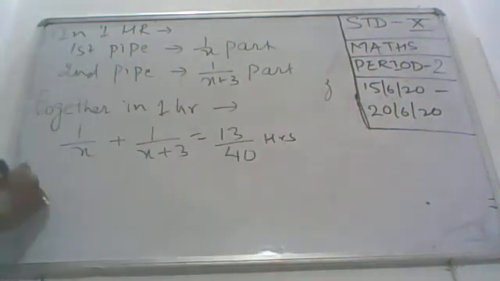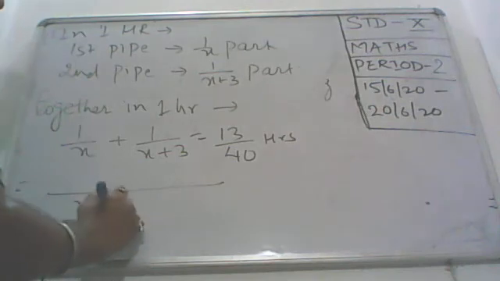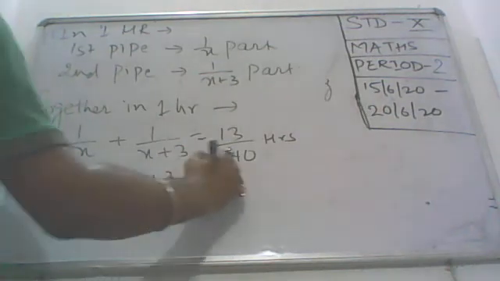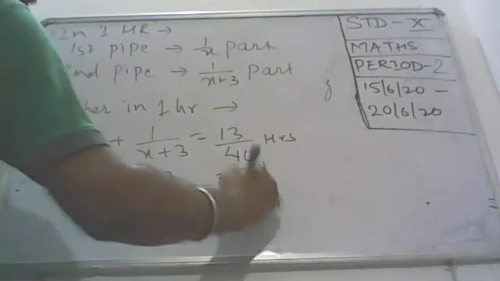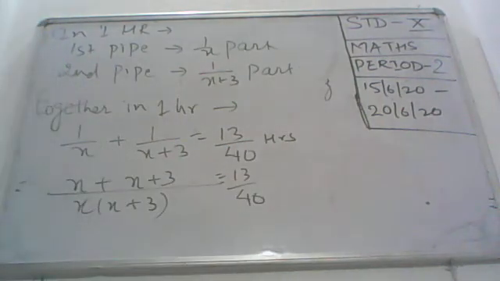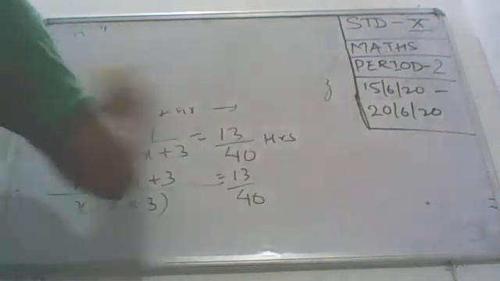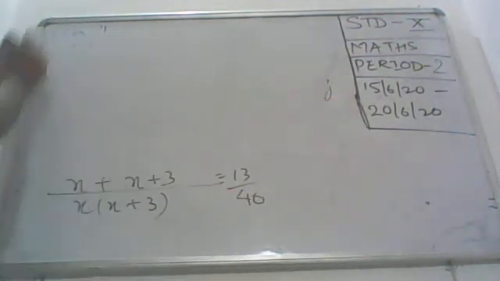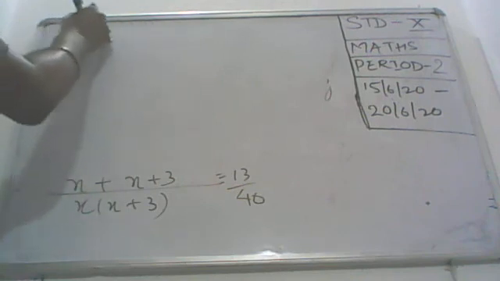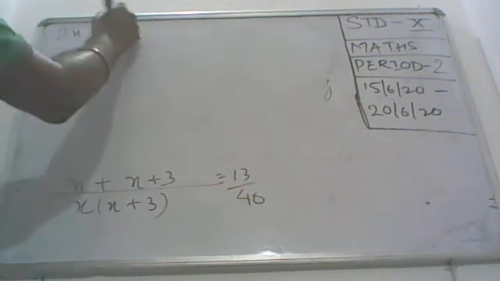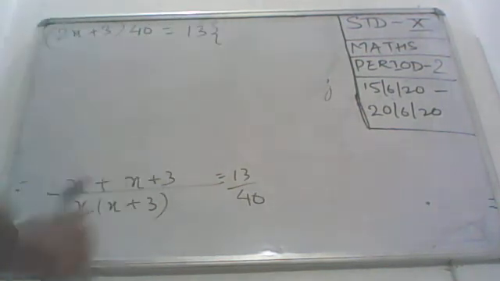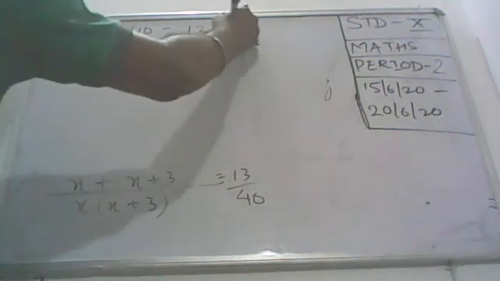Now solve it only. It will become x plus x plus 3 upon x into x plus 3 is equal to 13 by 40 here. Now it's a simple calculation only, so I am doing this here. 2x plus 3 into 40 is equal to 13 into x square plus 3x.